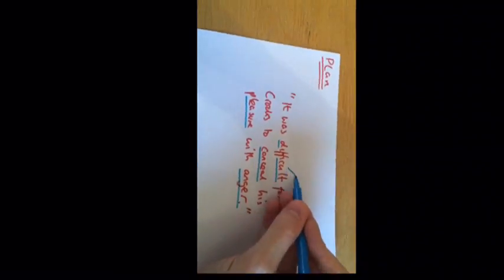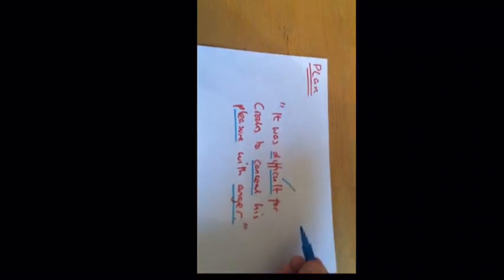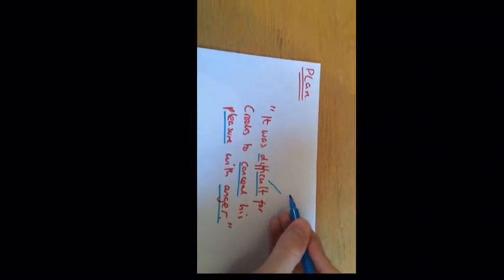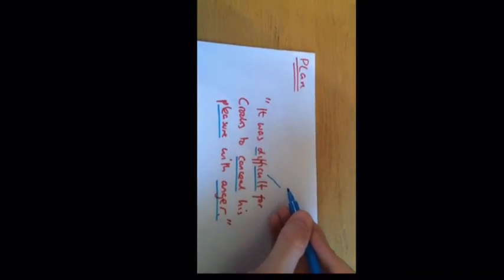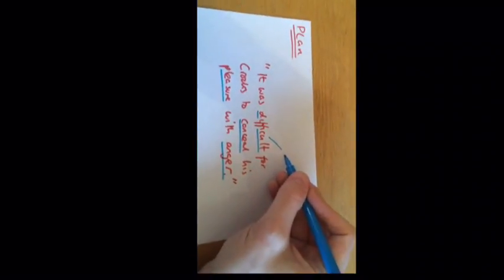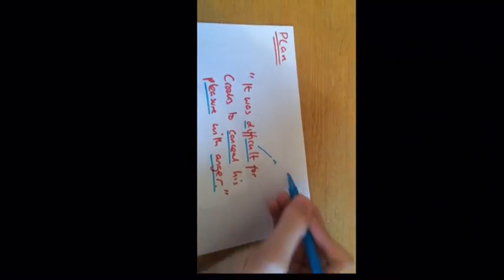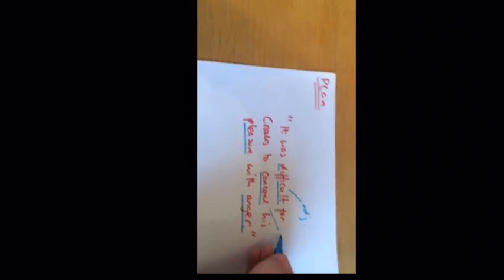Okay, so the ones that I've underlined as keywords: difficult. Okay, you can pause this at any point if you want to try and work it out before I say it, but difficult is, in terms of language features, an adjective. Okay, we've got conceal, which is a verb.